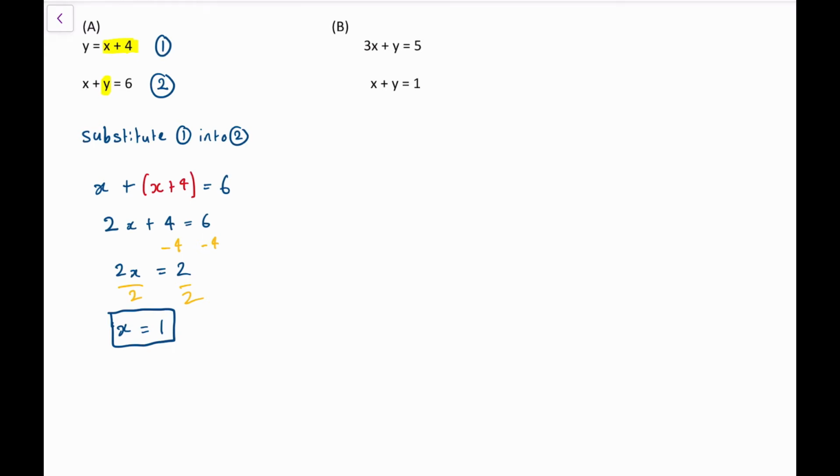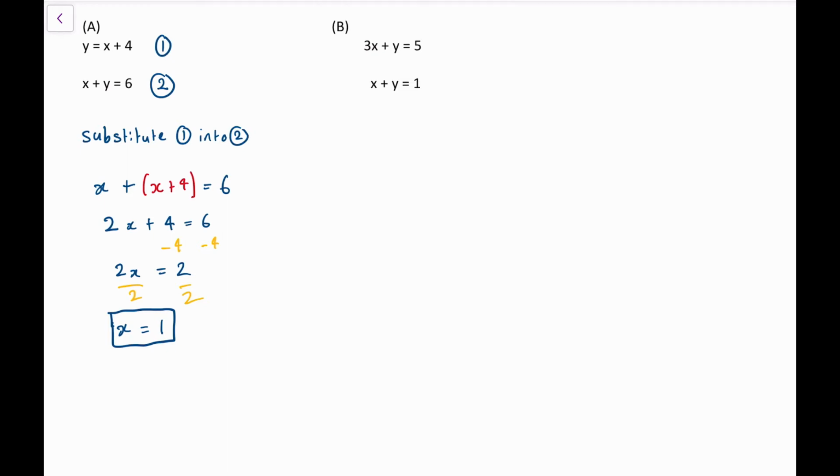So here, I'm now going to put this x equals 1 into one of these equations, because I'll get the same y coordinate because it's the same point where they cross. So here, I need to ask myself, well, which one would be easier to find y?